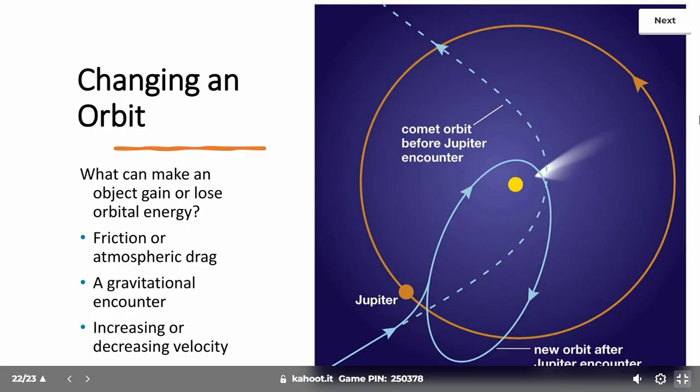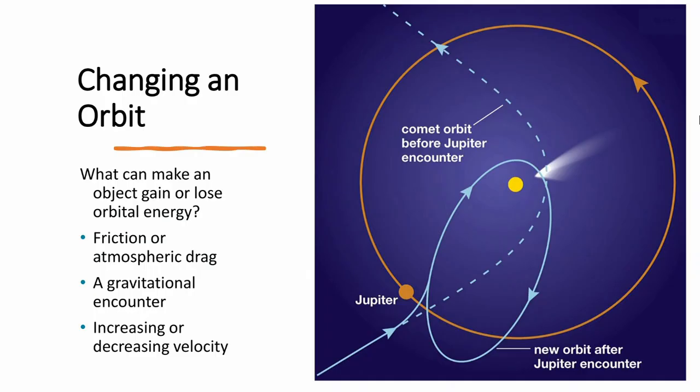And so that brings us to the final way that you can change something's orbit. We talked about how there's some orbital friction between the Earth and the Moon due to tidal forces, so that's one way to change an orbit. You can accidentally venture too close to, say, Jupiter if you're a comet, and that can change your orbit.